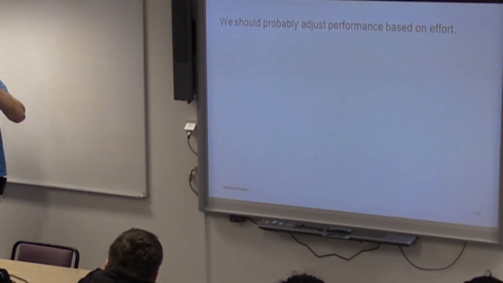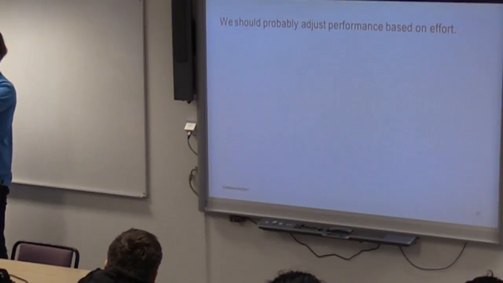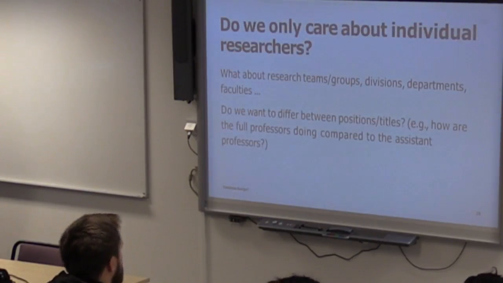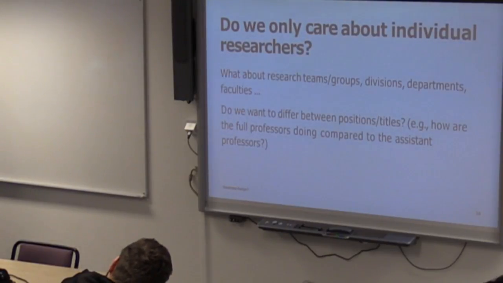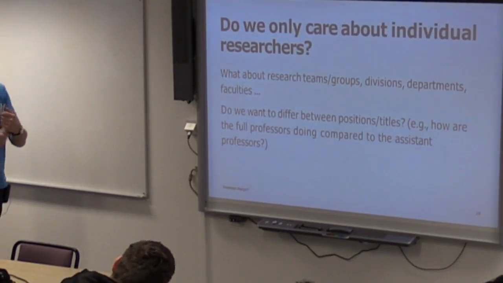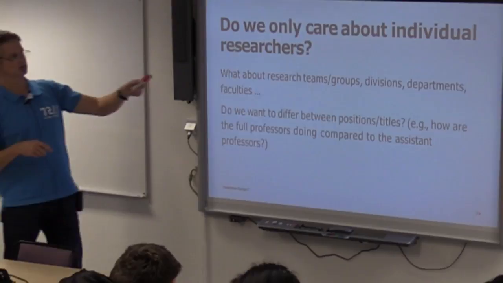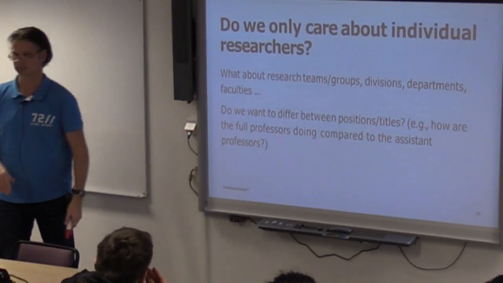So what we have here is that, okay, let's go with the effort. Our performance is the effort. And those individual researchers, should we have multiple of them? The teams, the groups, and they also actually talk about divisions and departments.